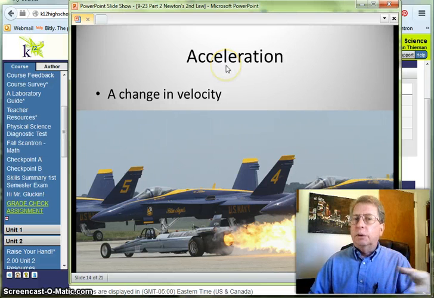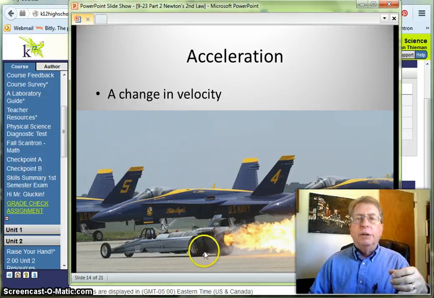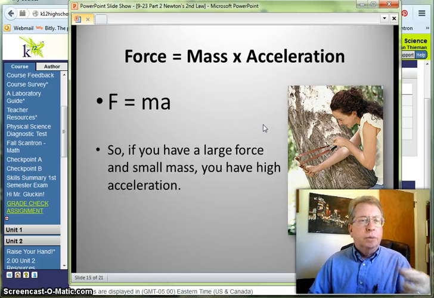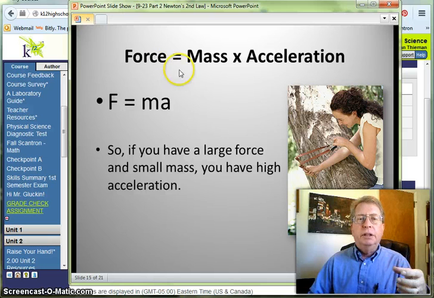Once again, acceleration, that's a change in velocity. There's a lot of acceleration going on with this automobile here, this drag racer, right? So force, the amount of force required to move something, is mass times acceleration. So this girl is putting a large amount of force on a very small, not very massive object.